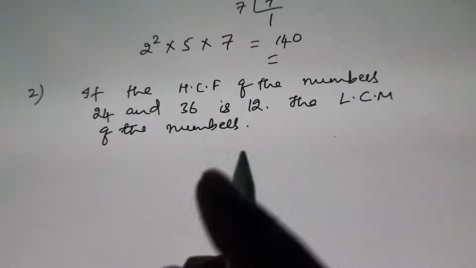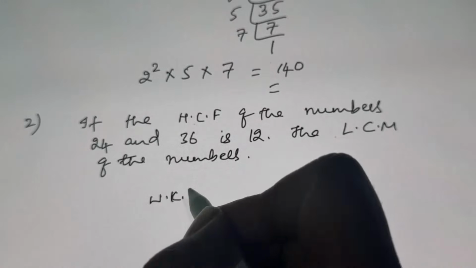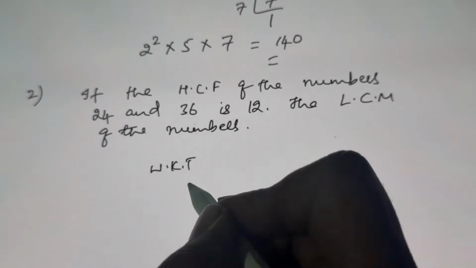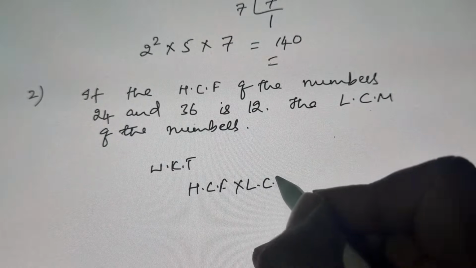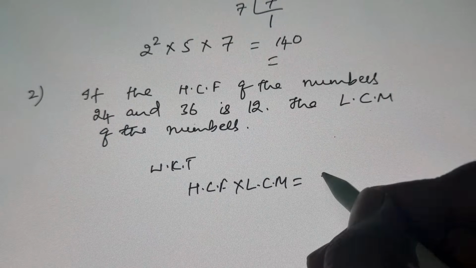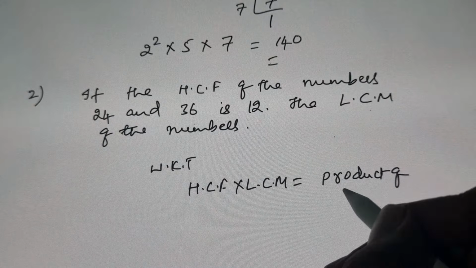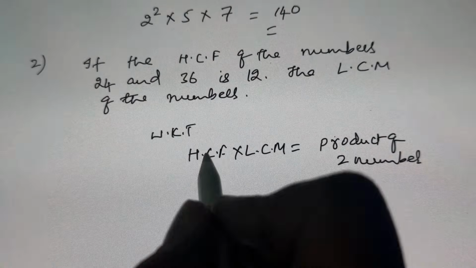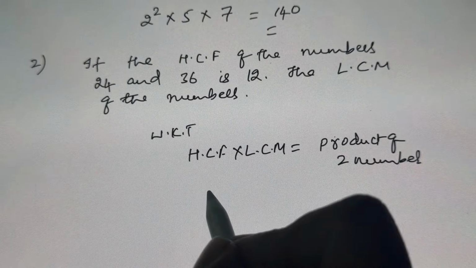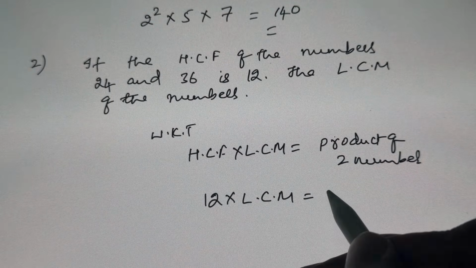So we know that the product of HCF into LCM is equal to the product of two numbers. The HCF is given, the HCF is 12, into LCM is equal to the product of two numbers.